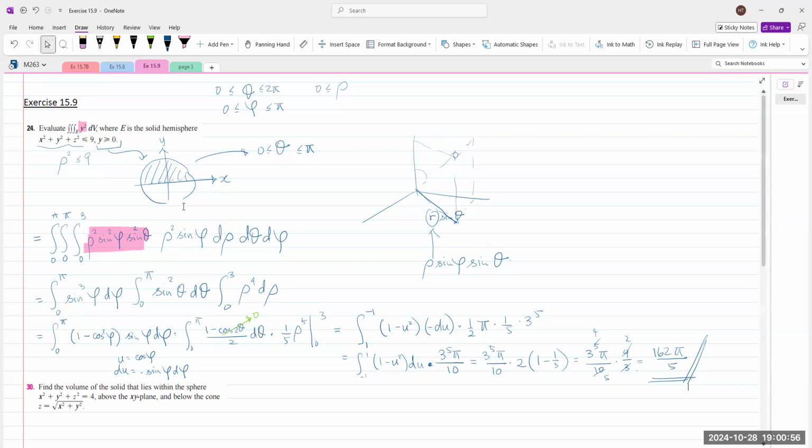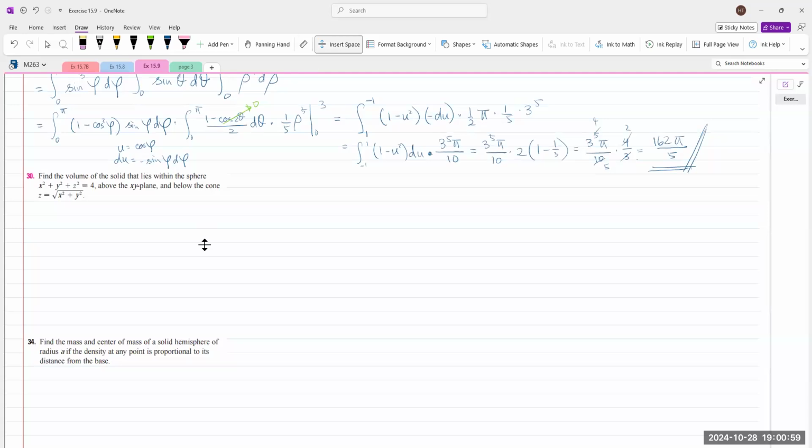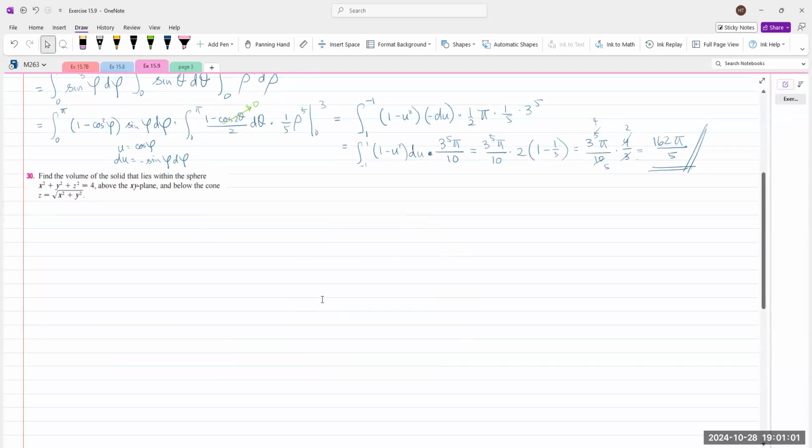Number 30. Find the volume of the solid that lies within the sphere with rho equals 2. This is rho squared equals 4, so rho equals 2. Above the xy plane means z is positive, which implies phi will be from 0 to pi over 2. Okay, below this cone, z equals r.